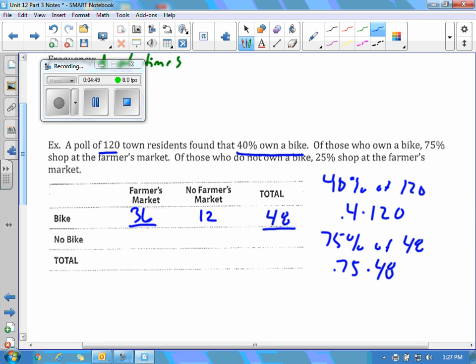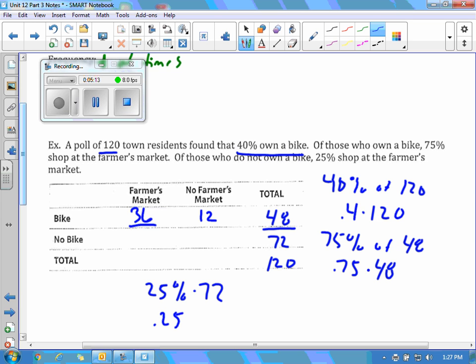Then it says, of those who do not own a bike, 25% shop at the farmer's market. So we know that we have a grand total of 120 residents. If 48 have a bike, that means the leftover 72 do not have a bike. Then of those 72, we know 25% shop at the farmer's market.